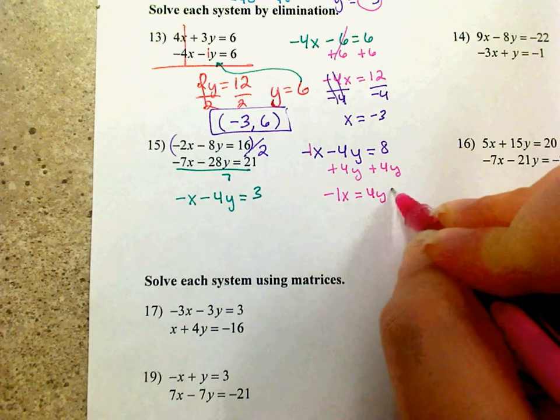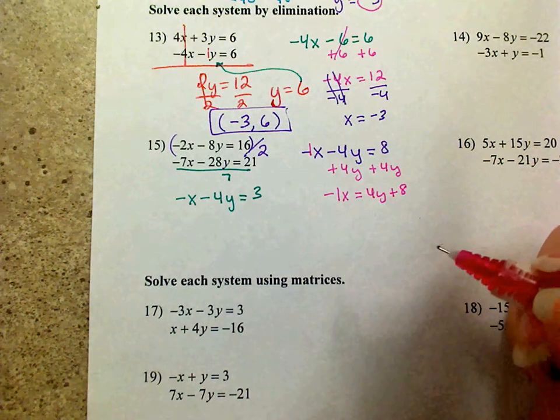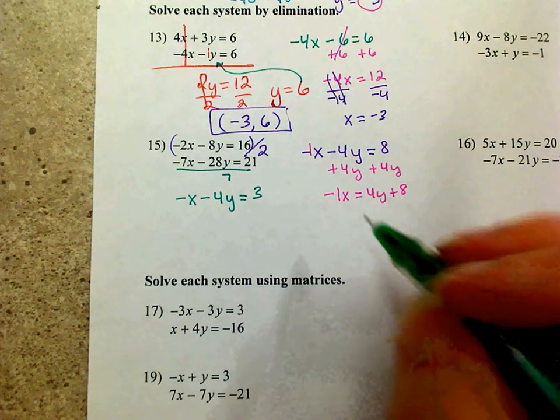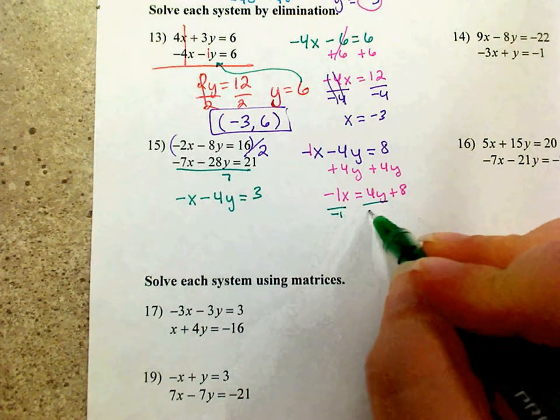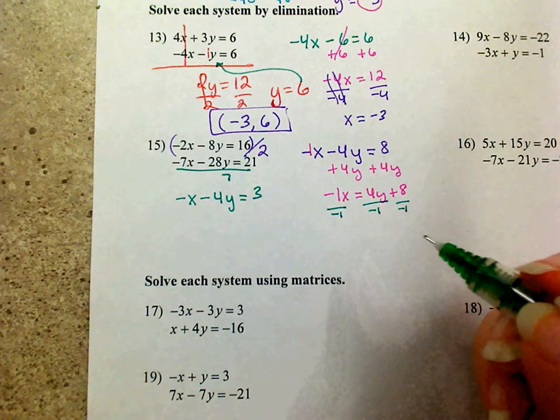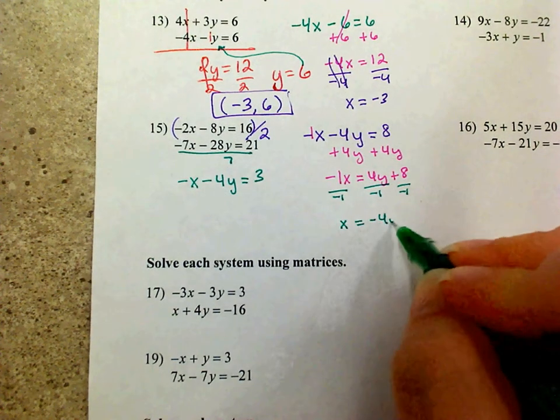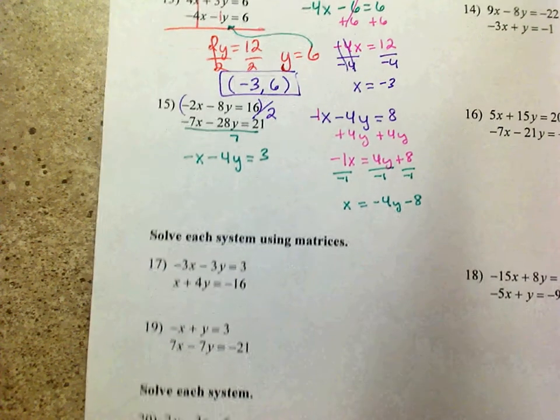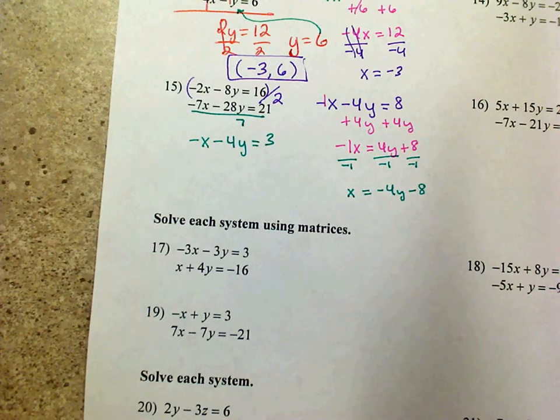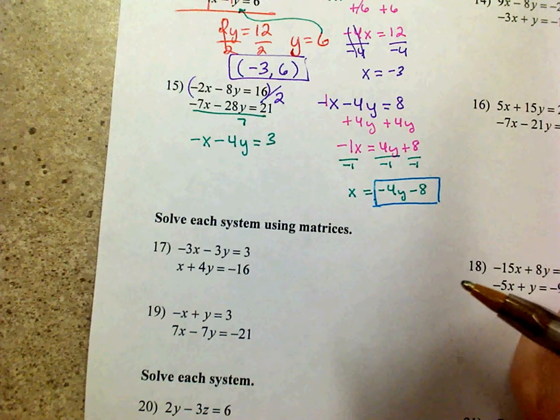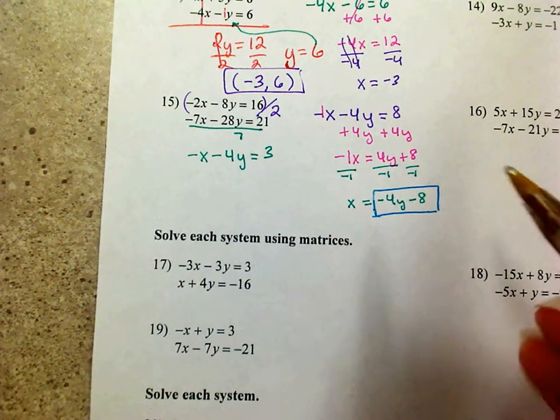How do I get rid of a negative? Just change all the signs or divide by a negative 1. Either way, you get a negative 4y and a negative 8. Okay. What am I going to do with x equals negative 4y minus 8? Plug it in where? Okay.